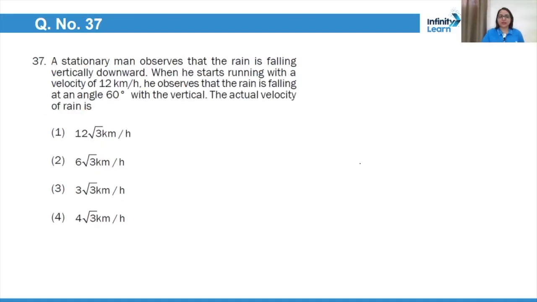Question number 37. A stationary man observes that the rain is falling vertically downwards. So this is the velocity of rain when the man is not moving. When he starts running with a velocity of 12 km per hour, he observes that rain is falling at an angle of 60 degree with the vertical.